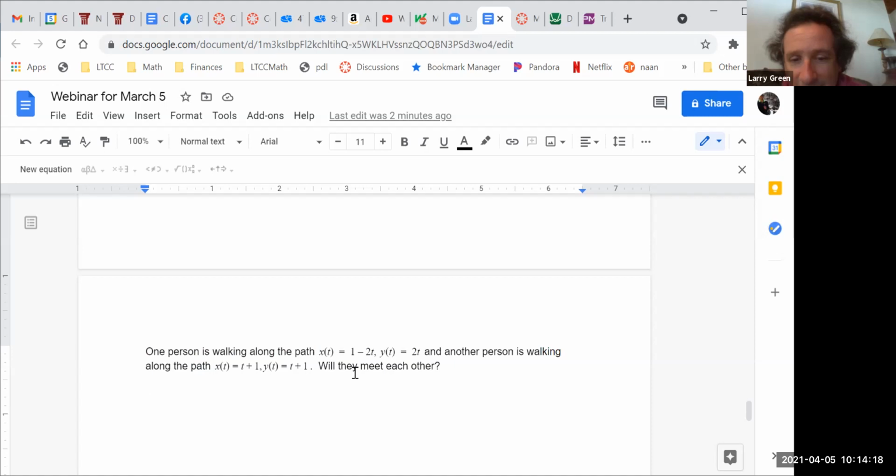Well, if they meet each other, what does that mean? That means there's a time t at which you're going to have the same x and y coordinates. Any questions on that? So I'm going to use the y. So I can say that there's going to be a time t at which 2t is the same as t plus 1.